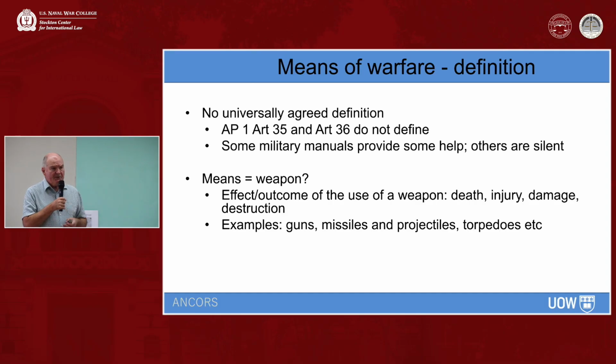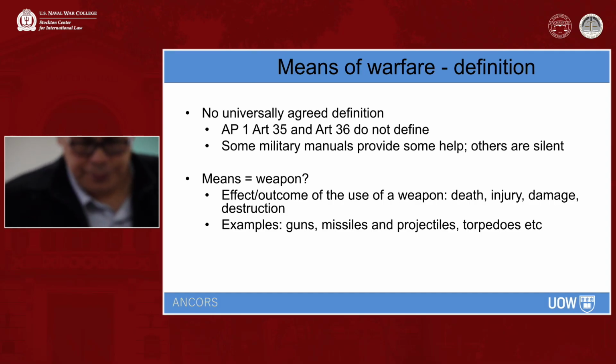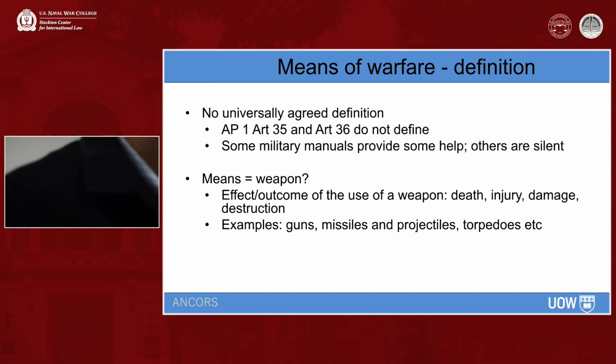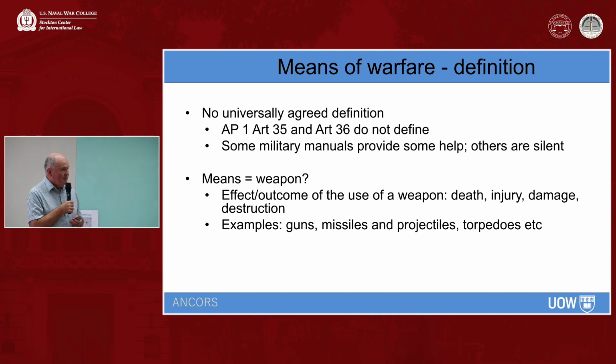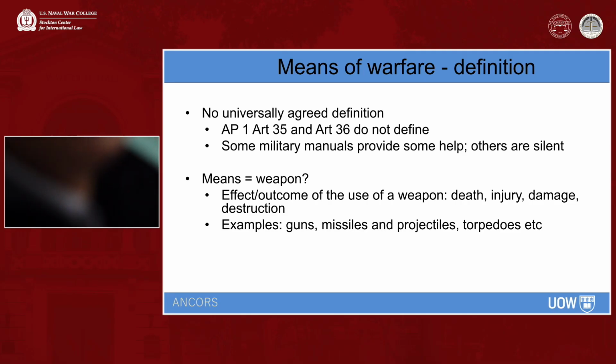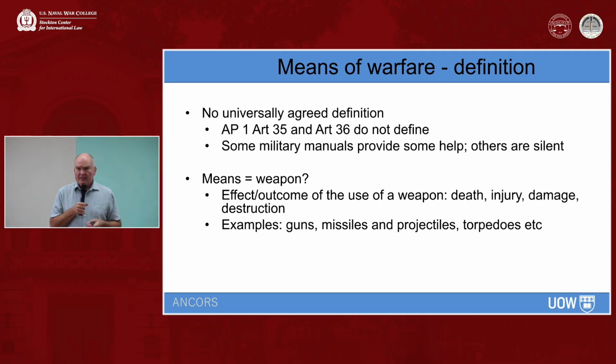Some help is given by the use of the terms in publications such as Additional Protocol 1 and military manuals. We've mentioned that on the Stockton Centre's e-portal there are lots of military manuals available. Some of those are also helpful in getting an understanding of what means might actually entail.